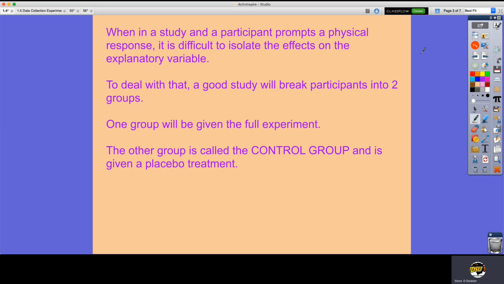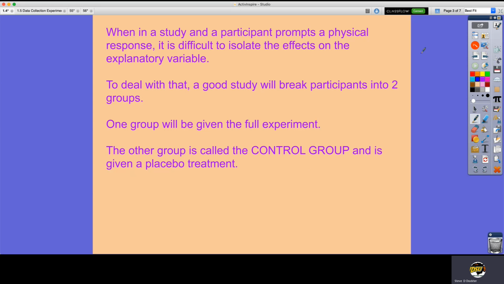Okay, there would be a physical response to this being taken. Sometimes it is very difficult to isolate the effects on the explanatory variable. Meaning, if you get a shot, sometimes it's hard to tell whether the shot actually worked or whether you think it worked.